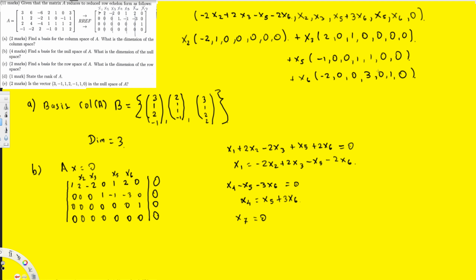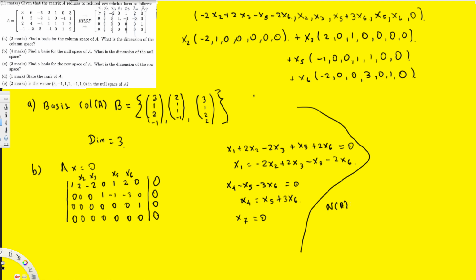So when we write the null space, the null space of A is the question. When we write the basis, we have to eliminate all these x2, x3 and so on, because we only want the basic format, so we only want the numbers.